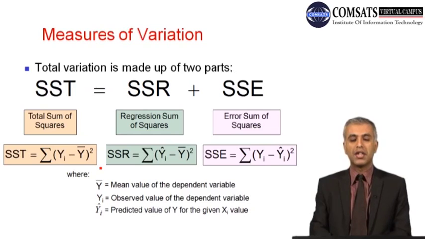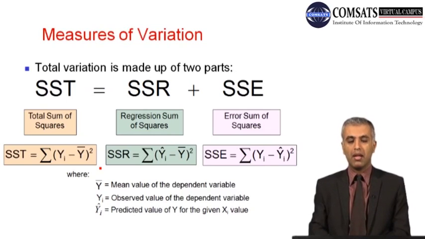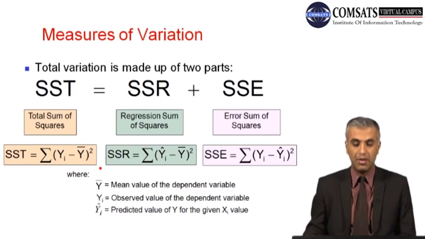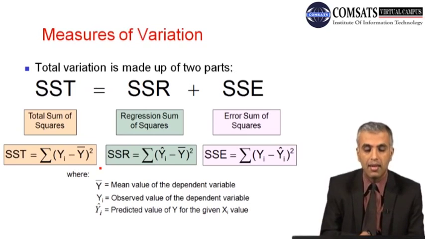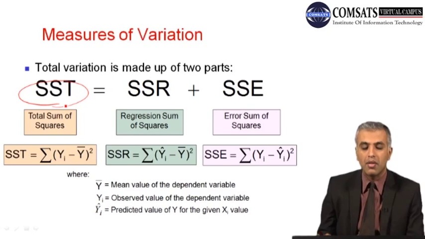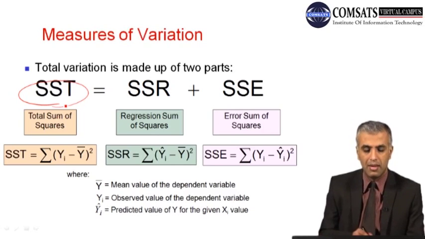So measures of variation comprise the total sum of squares, which is abbreviated as SST, and that is equivalent to the regression sum of squares plus the error sum of squares. The formulas for all these relevant measures of variation are detailed here.